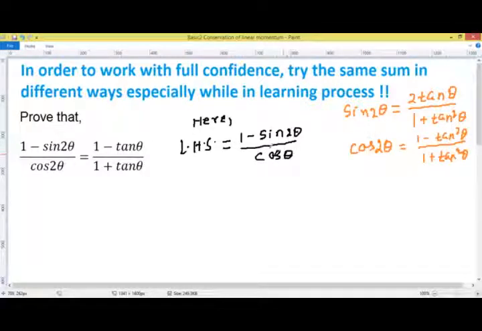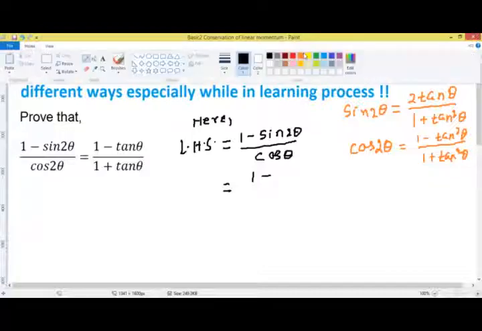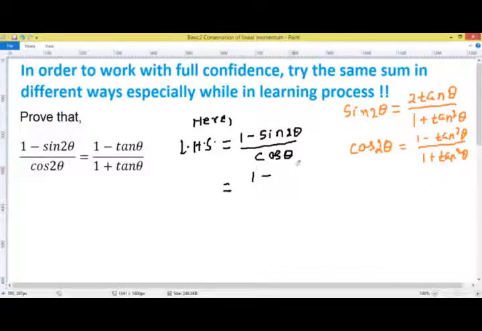Now as we are going to prove this in terms of tan theta, definitely we will apply the formula for sine 2 theta as well as the formula for cos 2 theta in terms of tan. So after this step, you can write 1 minus, and in place of sine 2 theta we put 2 tan theta over 1 plus tan square theta.